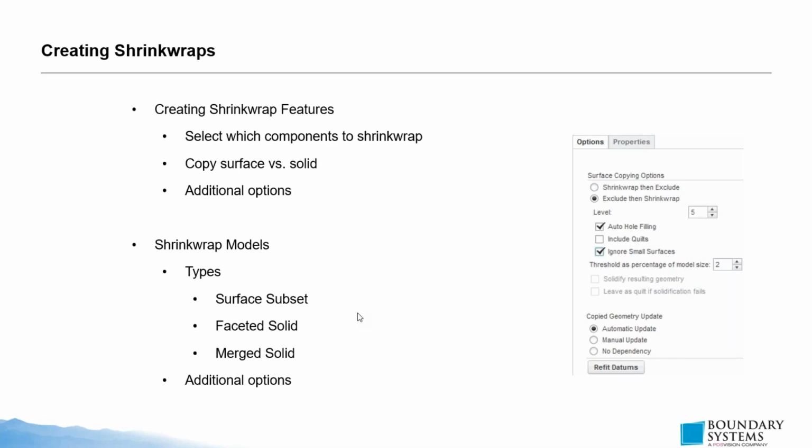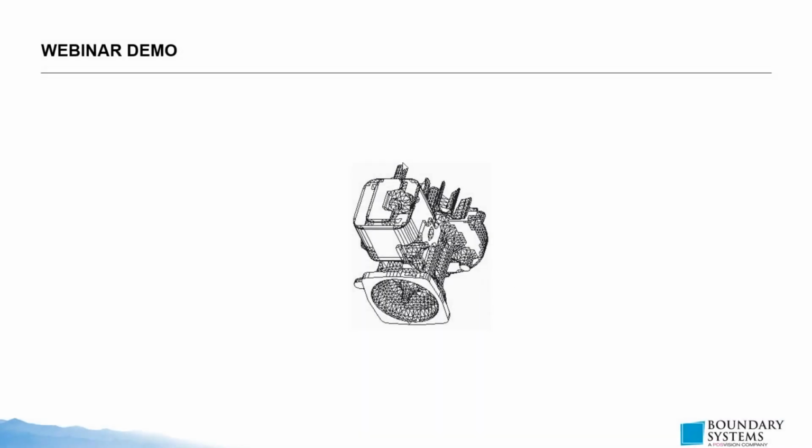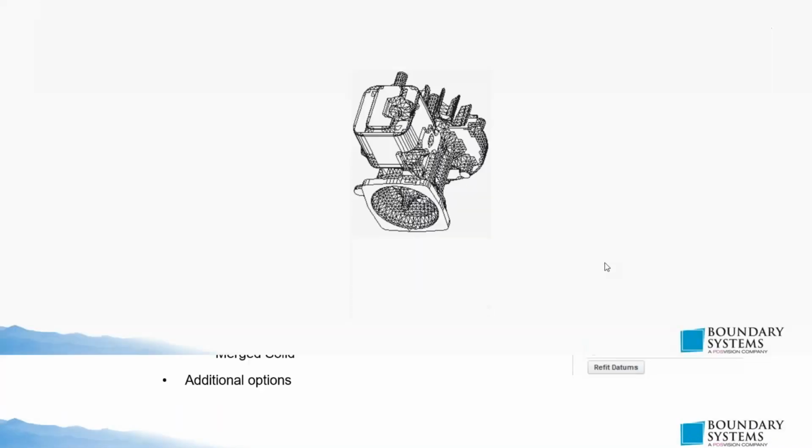This can be a little hard to visualize, but if I just jump to my next screen here, this is a picture of this faceted solid. So essentially how it works is it creates a big solid block, and as I said, it will add more and more surfaces to this mesh to get closer and closer to the initial geometry.